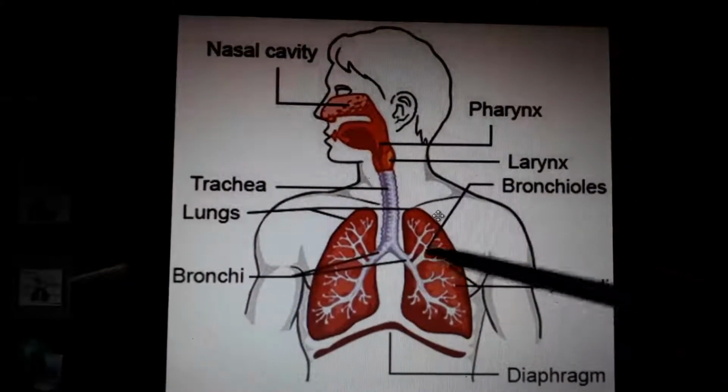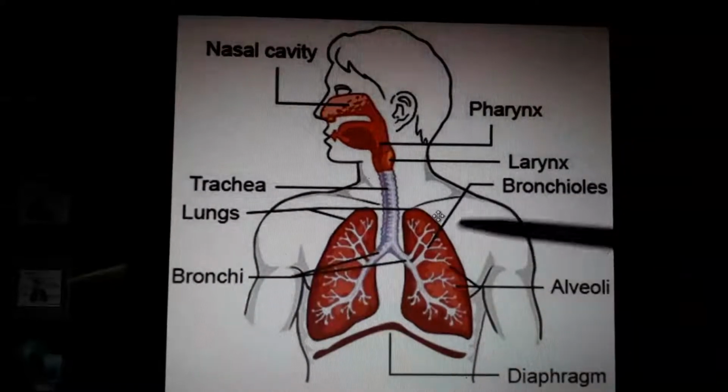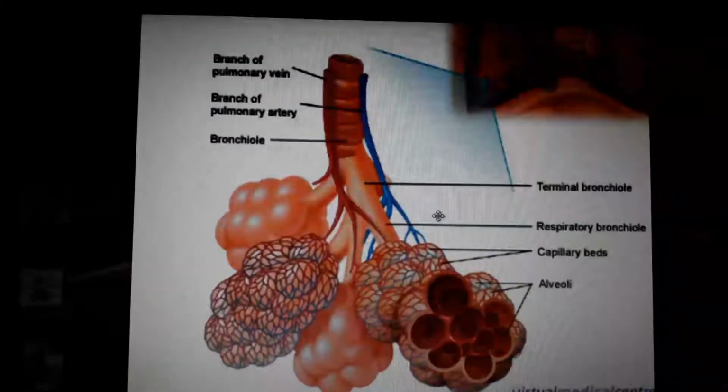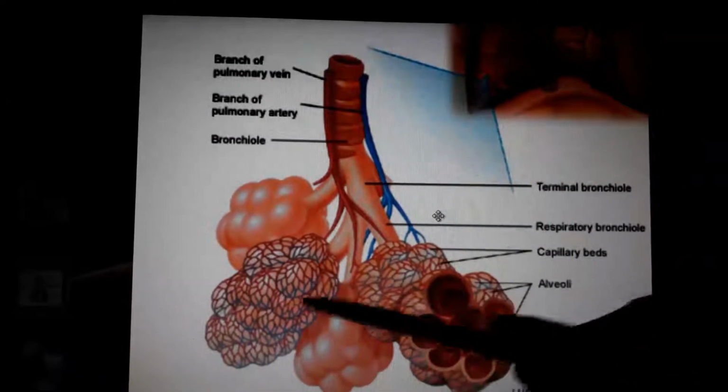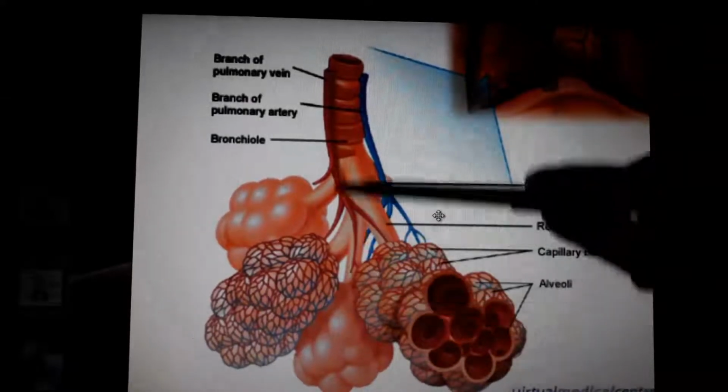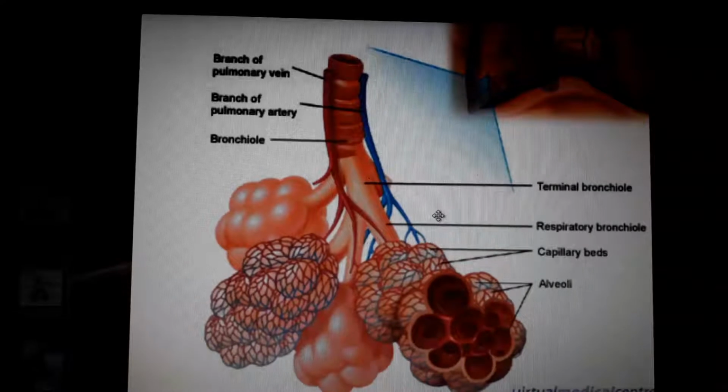The bronchi are again divided into bronchioles. The bronchioles' tips are called alveoli. It looks something like this. Understand? Lots of blood vessels are there in the alveoli, so they absorb this oxygen and take it to the heart. And that heart will pump the oxygen throughout our body.